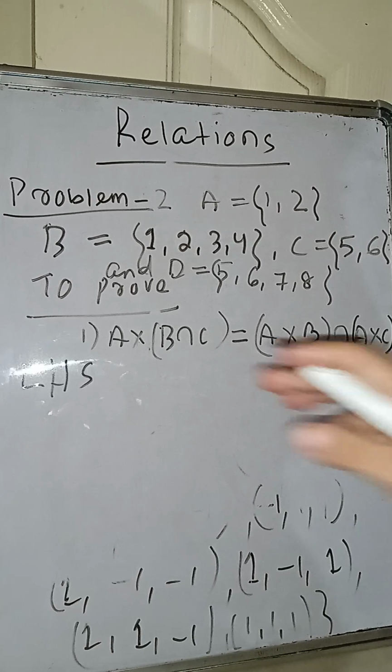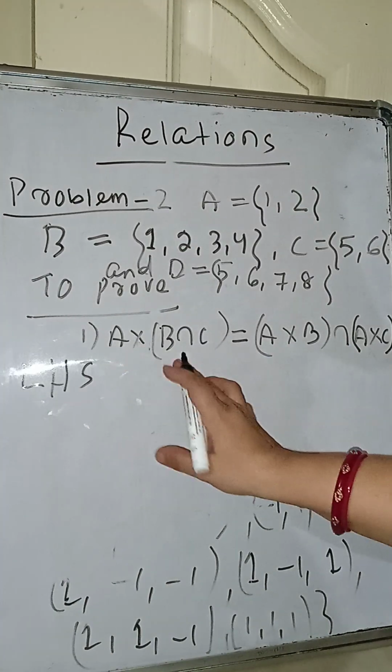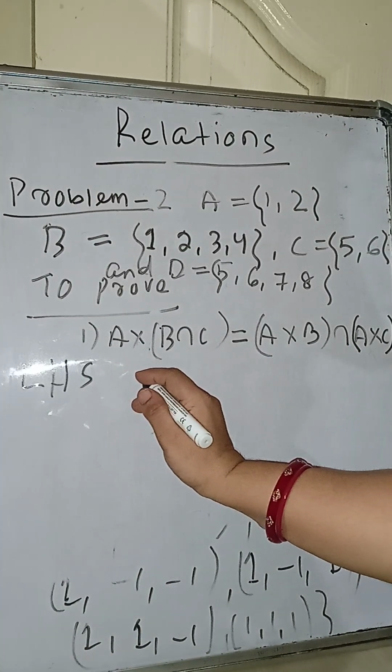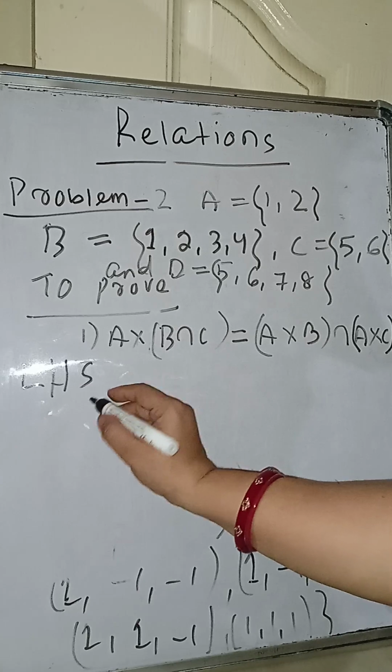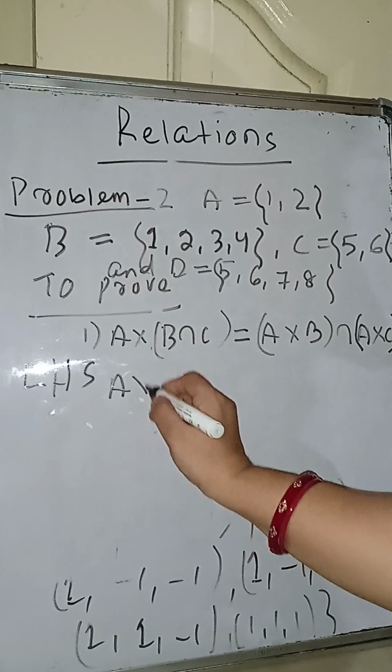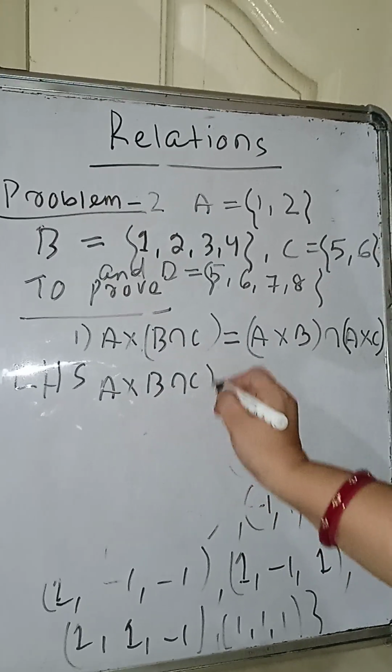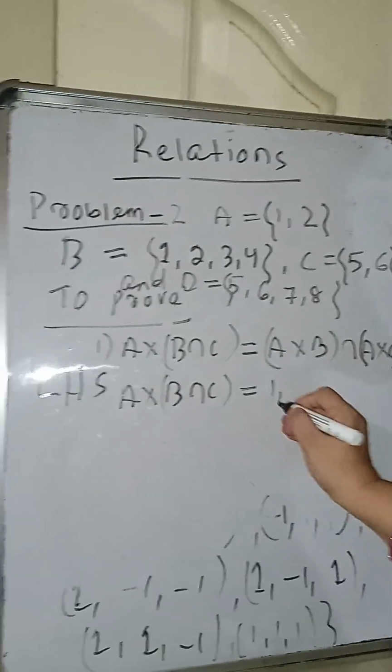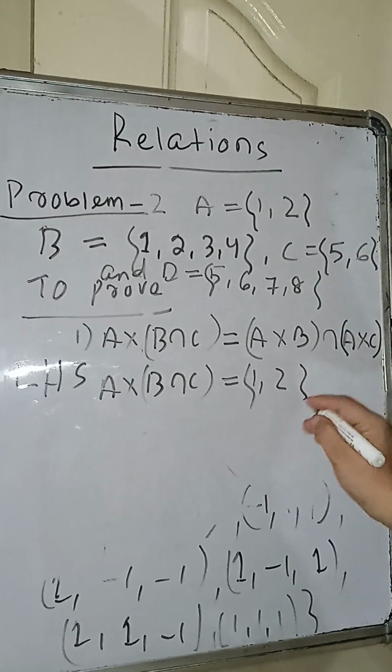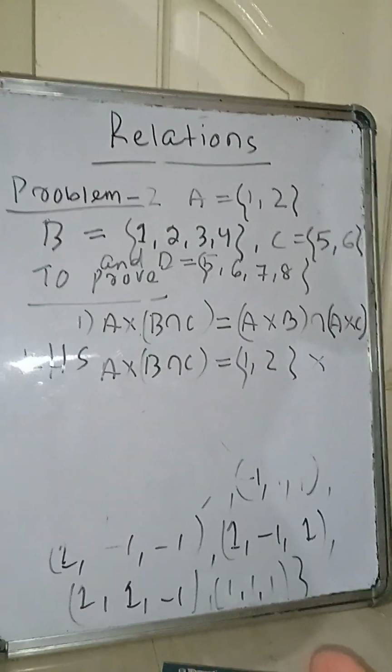Your LHS is the Cartesian product of A with B intersection C, where A is the set 1, 2, Cartesian product B intersection C.